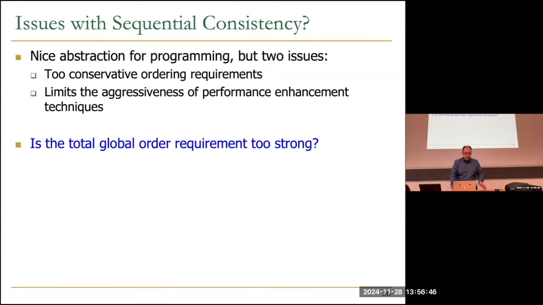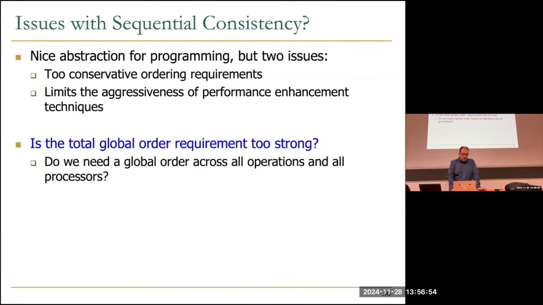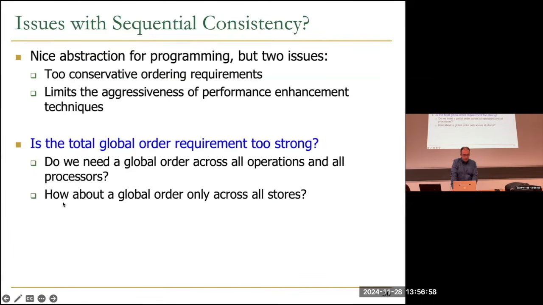But now the question is whether the total global order requirement is too strong, which I think we all agree it is. So do we need a global order across all operations and all processors? How about a global order only across all stores? People came up with these weak consistency models. We're going to discuss weak consistency models, but weak consistency is not only one thing.